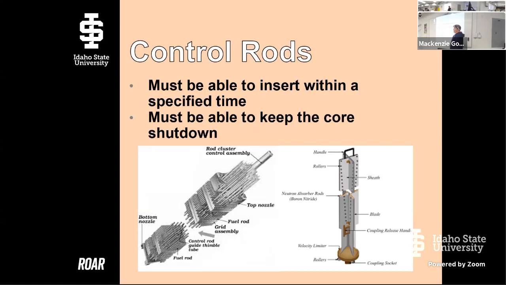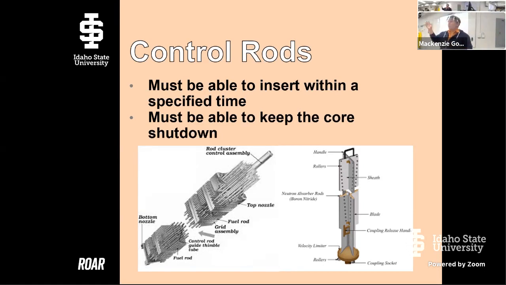Rods typically do not move one at a time because you have hundreds of them. You have control rod banks. And so you might be moving a set of 4 or 10 rods at a time, sometimes more, sometimes less. And they're arranged across the core in a pattern so that as you move the banks in order for your procedure, you are maintaining a very even distribution of flux across the core.